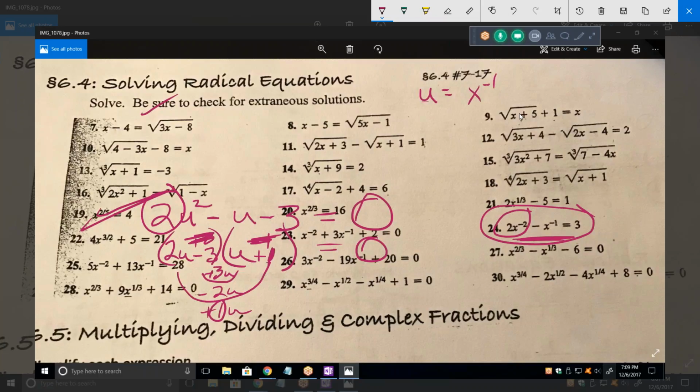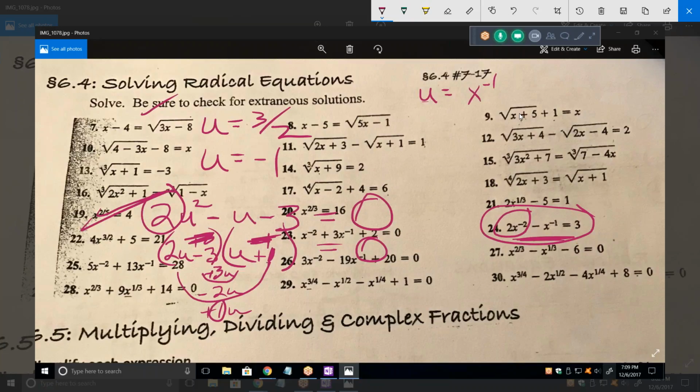Okay? So now I got to switch it back to x because I'm trying to solve for x here, not u. So first of all, what are the solutions for u? U is equal to 3 halves and u is equal to minus 1, correct?